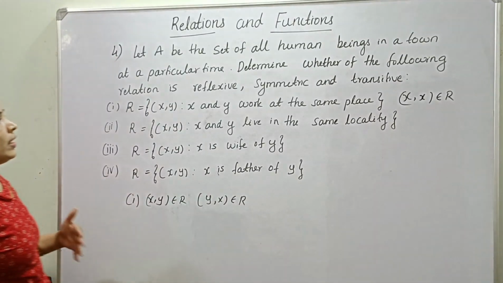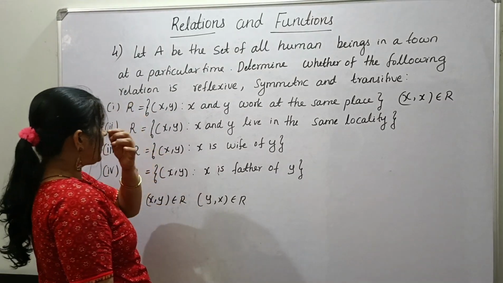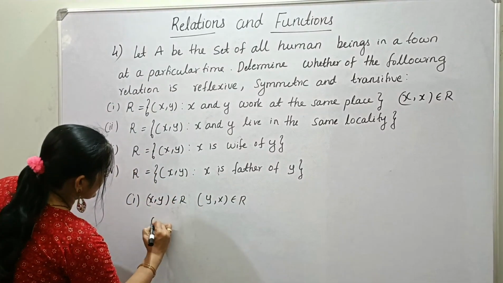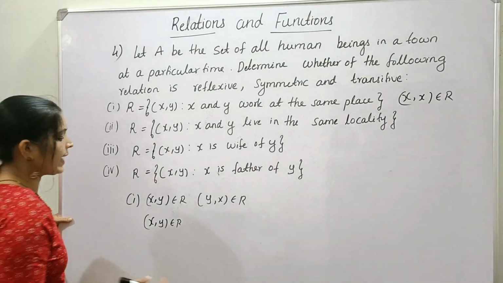Now let us take another element. (x,y) belongs to R. For transitive, we have to take another element.